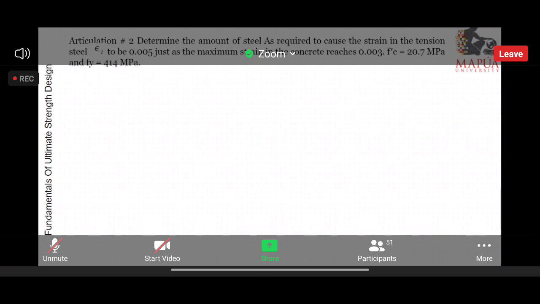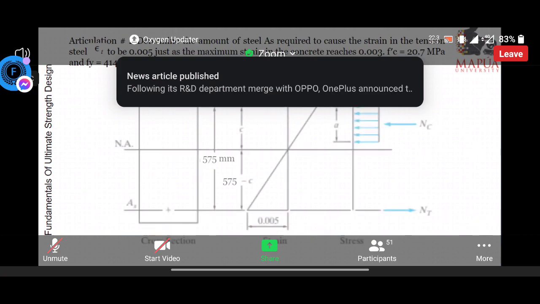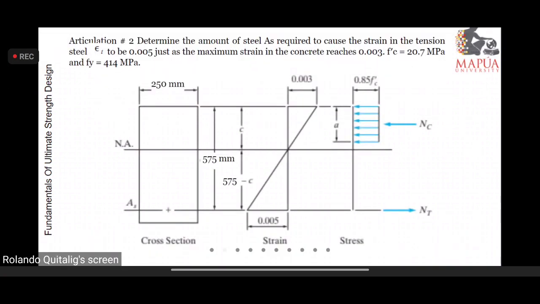We are asked to determine the amount of steel As required to cause the strain in the tension steel to be 0.005, just as the maximum strain in the concrete reaches 0.003, with megapascal for the steel. This is illustration number 2. We do the same projection of the diagram, the model section, and then the strain.